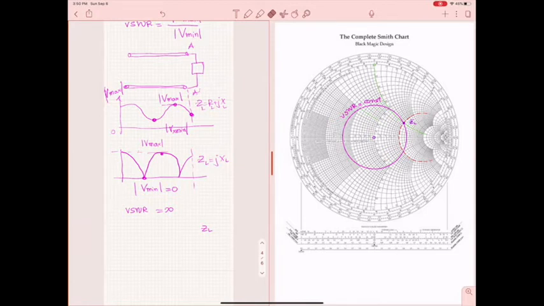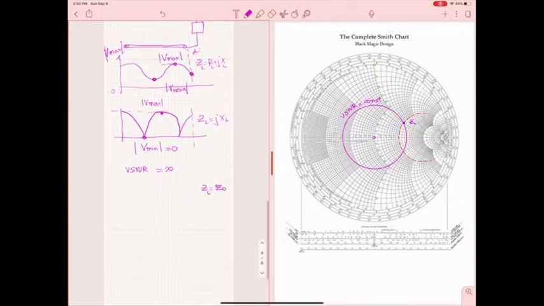When ZL equals Z naught, then your total voltage is just a line. It goes like this. The maximum and minimum are identical, and it's only the amplitude of the incoming voltage.